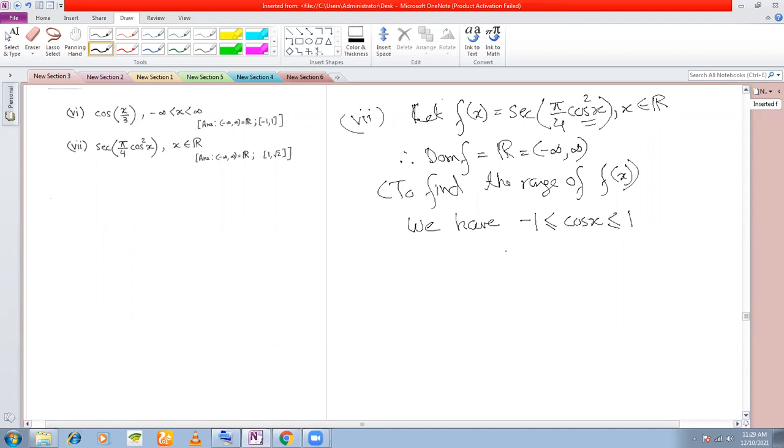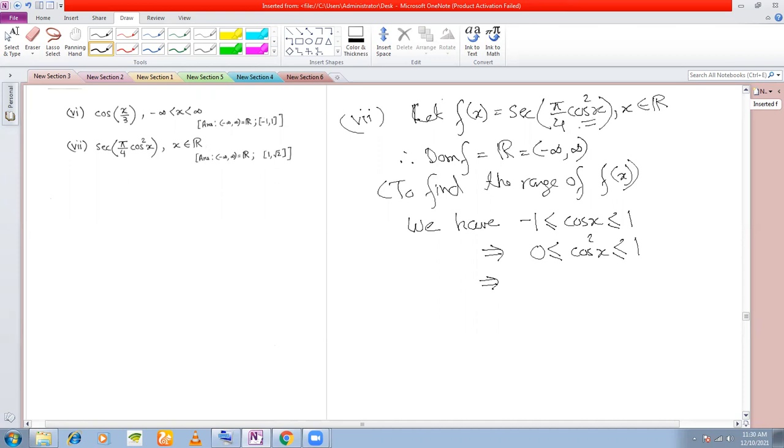Yes, sir. Now if I square both sides, cos squared x must lie between 0 and 1, right? Even if it is negative, it will become positive, isn't it? So cos squared x must lie between 0 and 1.